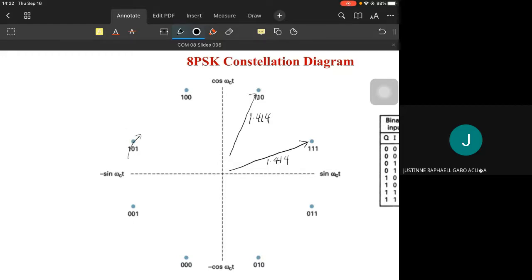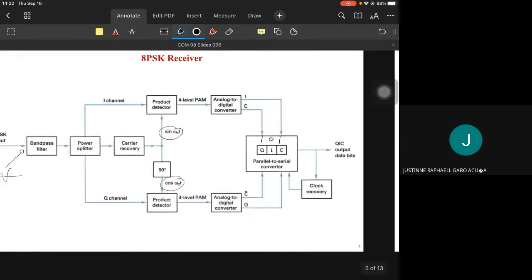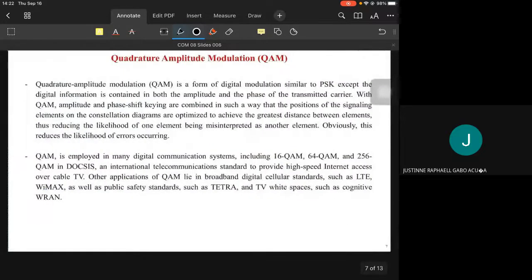So here comes in QAM, which solves this dilemma. QAM means quadrature amplitude modulation, a form of digital modulation similar to PSK, except the digital information is contained in both the amplitude and phase of the transmitted carrier.